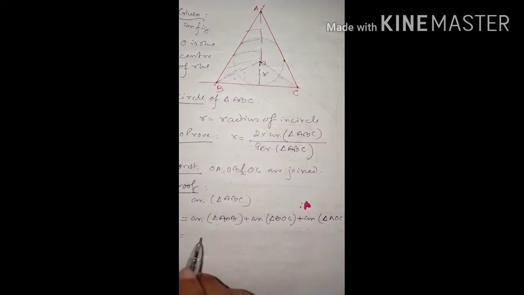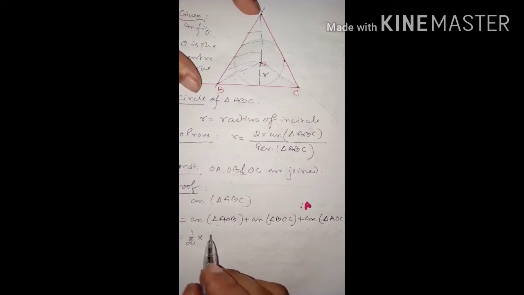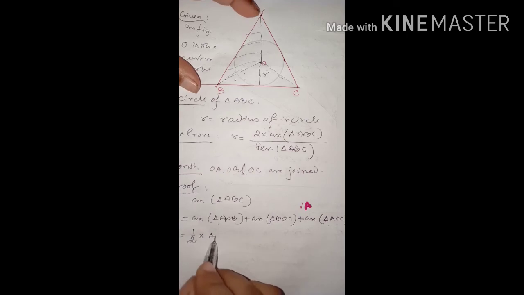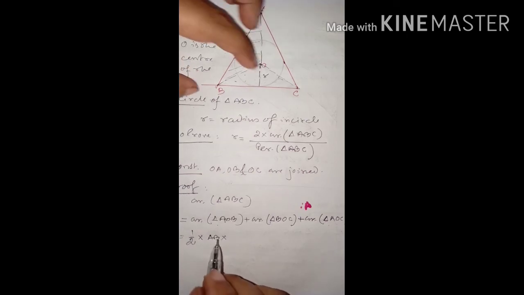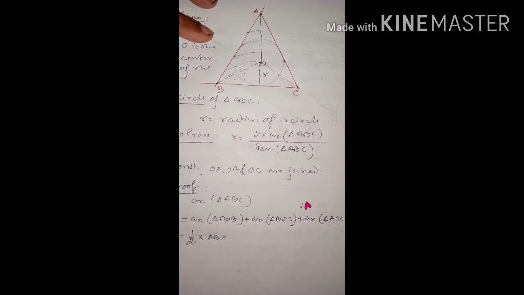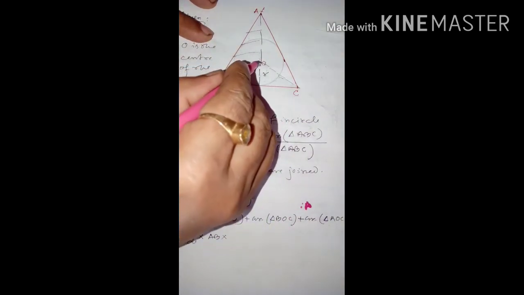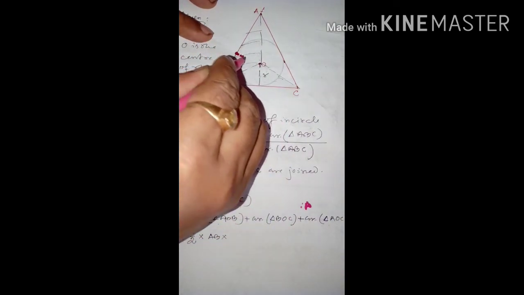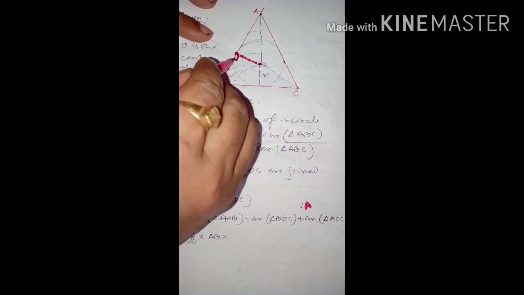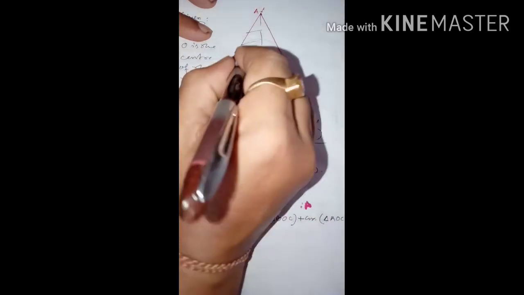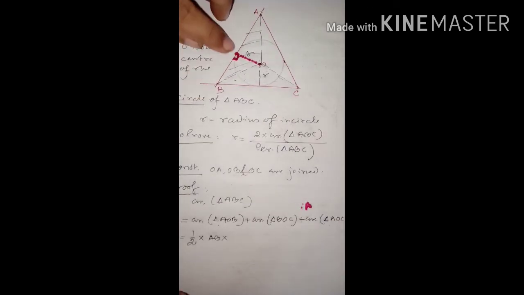Now the area of AOB is half into base into height. For AOB, let us consider AB as the base, so half into base AB into height. The height will be here: from the center, if I touch this line AB, then this will be the height. Why? Because this is the radius, and the radius is perpendicular to a tangent at the point of contact.